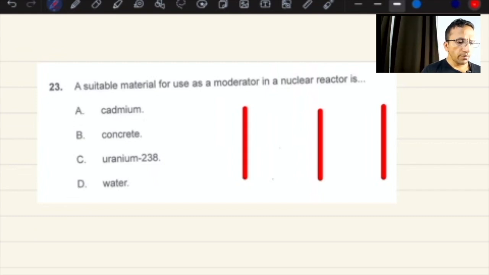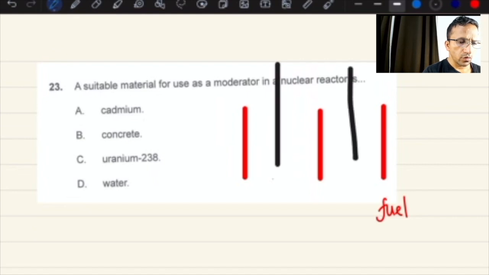In a nuclear power station, we have fuel rods which contain either uranium or thorium basically, and then we have a system to stop or control this reaction, and we call them control rods.